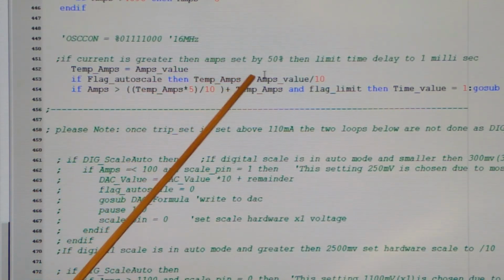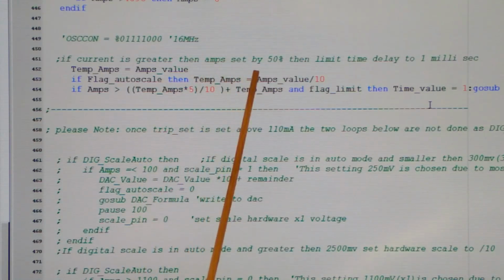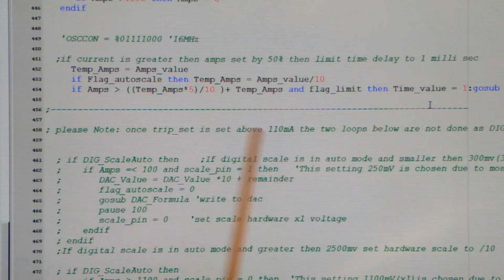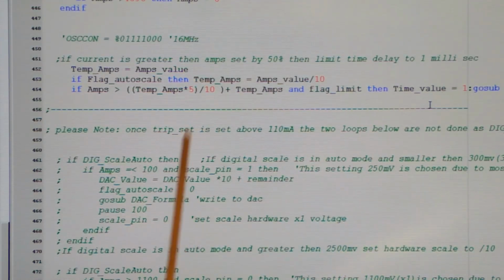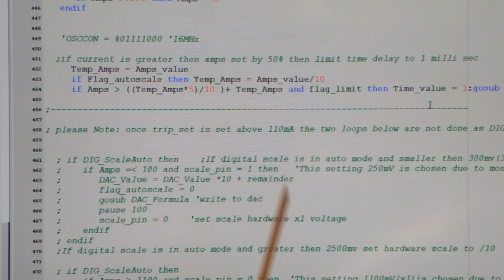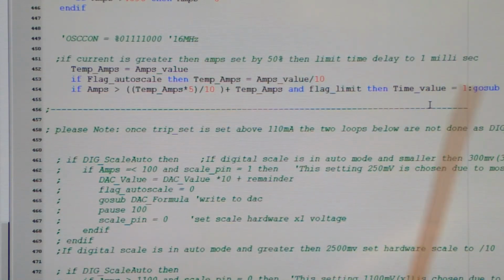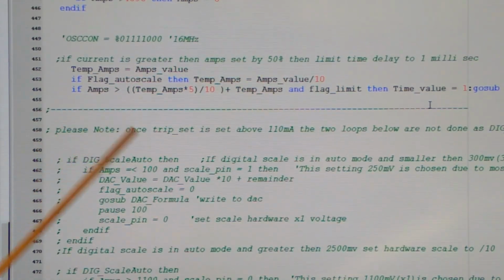If current is greater than amps by 50%, if you set your delay time for 1 second, which is 1000 milliseconds, if the current is more than 50% higher, if you set it to read half an amp, let's say 500 milliamps, and the current has gone to 1 amp, which is double, so let's say 50% more than what you've set, I've made the delay time go from 1 second to 1 millisecond. So that's what that does.